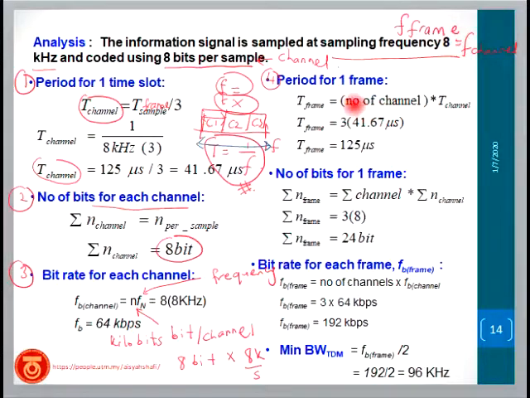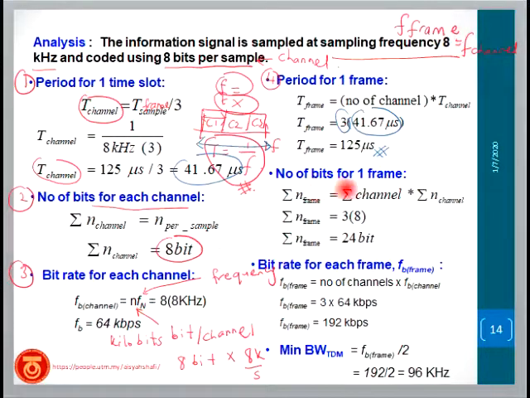So the formula is number of channels times period of channel. The period of channel we already calculated as 41.67, times 3, where 3 is the number of channels per frame. So the period for one frame is 125 microseconds.